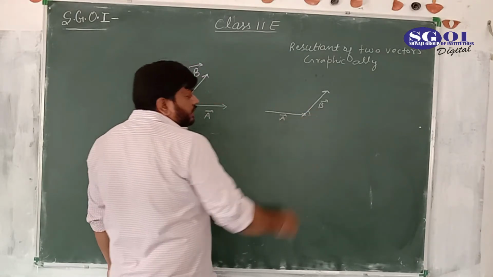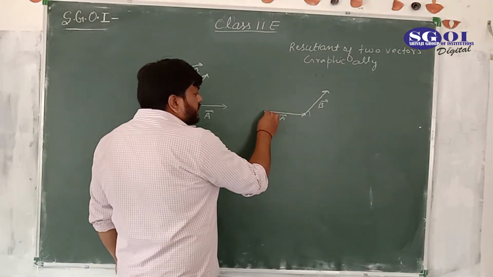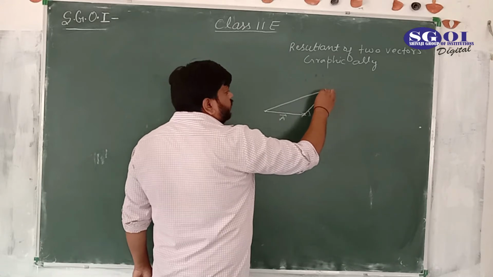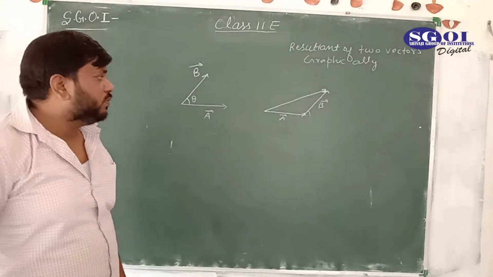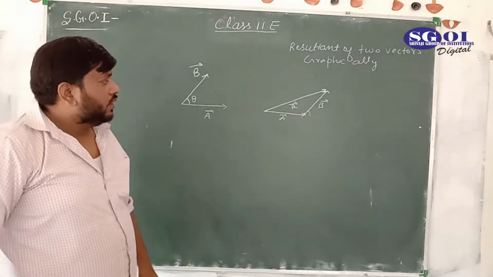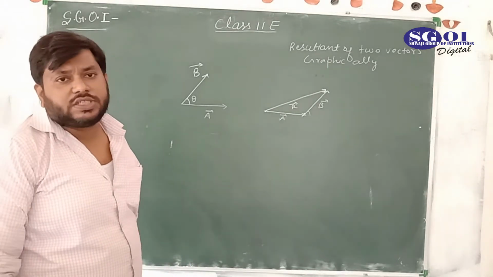This angle is theta given here. And from this initial point, this is the final point. So this would be the resultant, this vector R. And we have to find the formula for the magnitude of R and the direction of R.